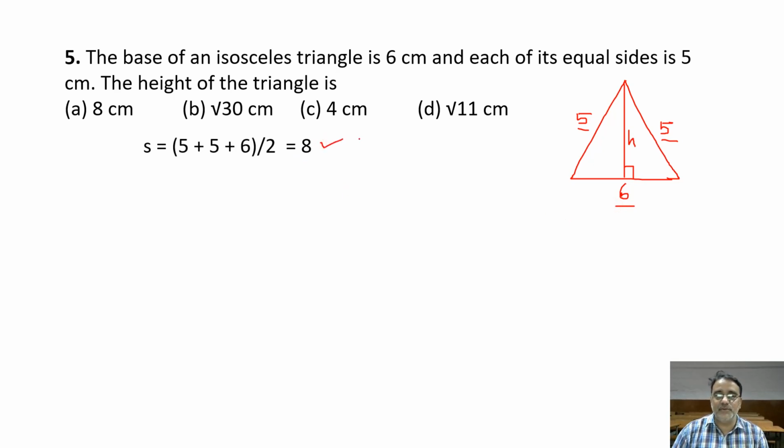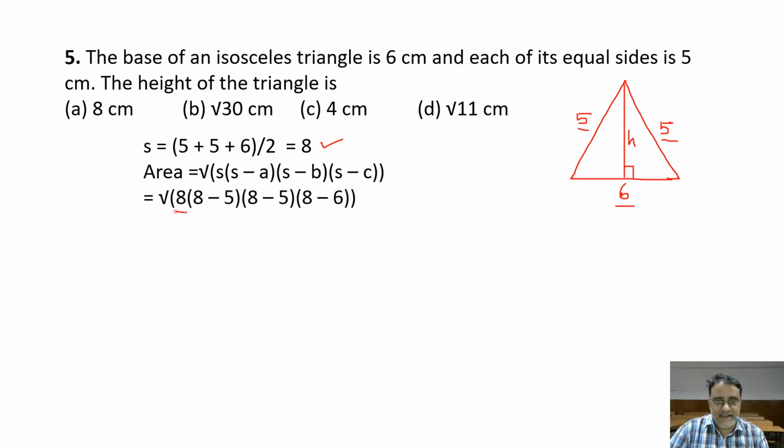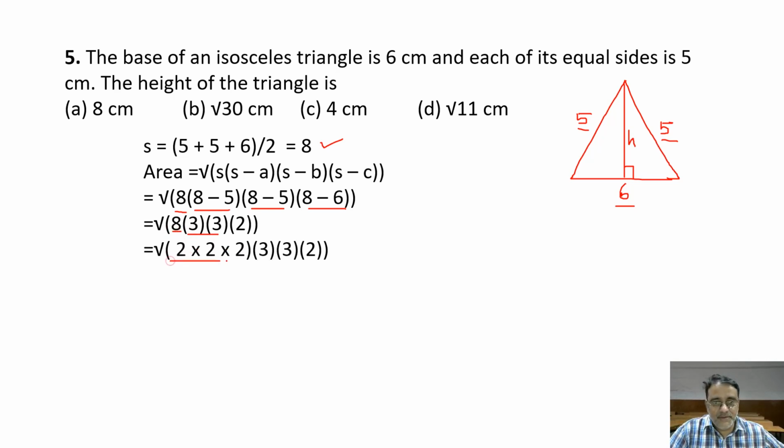Now we will write the formula of Heron's formula. So root over s into s minus a into s minus b into s minus c. Now substitute all the values. So 8 into 3 into 3 into 2. राइट सो 3 यहाँ पे पेयर में 8 को भी हम लोग लिख सकते हैं 2 इंटू 2 इंटू 2. सो 2 का भी 2 पेयर हो गया. सो वी आर गेटिंग 2 इंटू 2 इंटू 3 दैट इज 12 centimeter square area.